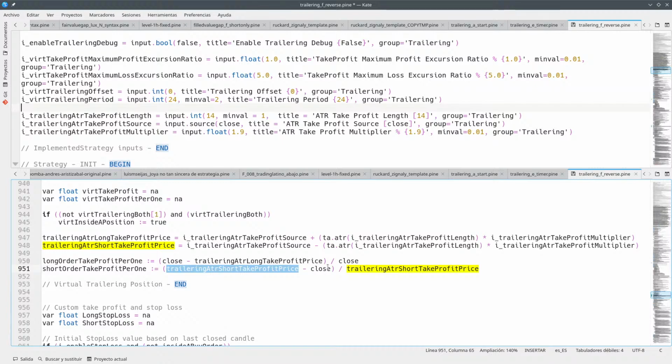That's the higher price minus, oh wait a moment, long take profit price. Yeah, this is not right. Wait a moment. Didn't we have this properly before?